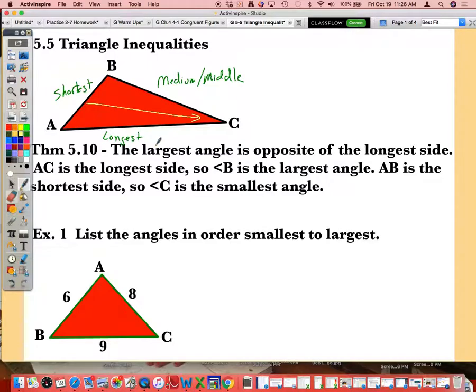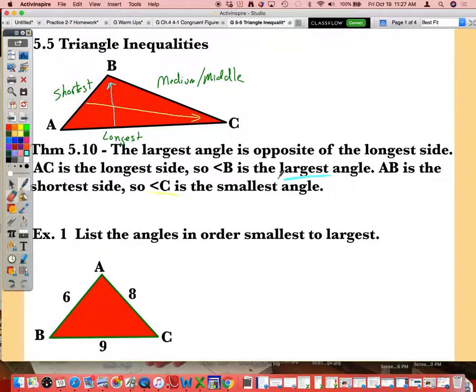So angle C would be the smallest angle. Now, when you guys told me that AC is the longest, well, which angle is opposite of AC? So that means angle B has to be the largest, the biggest angle.